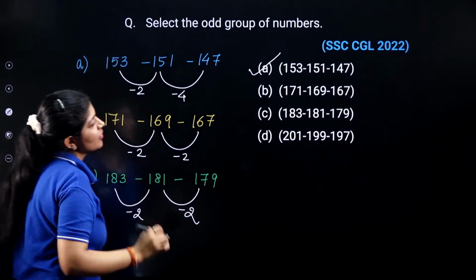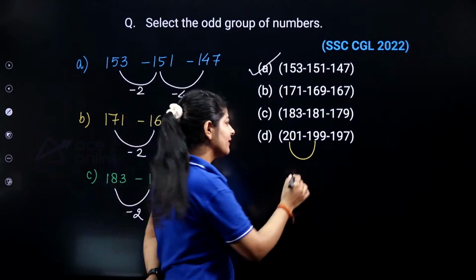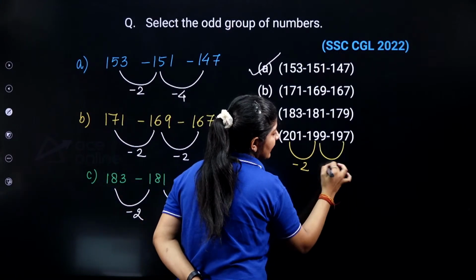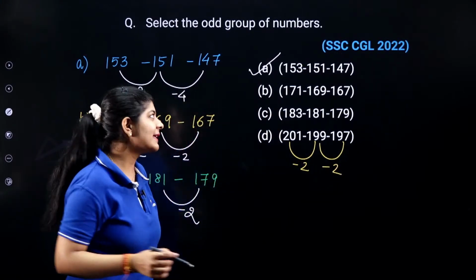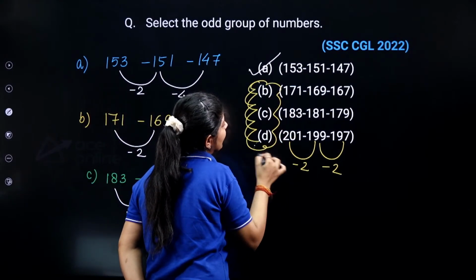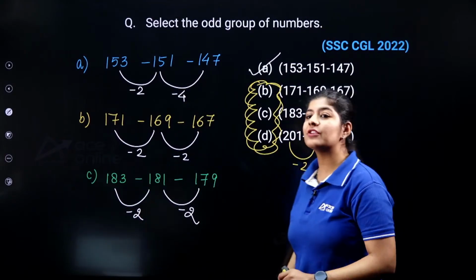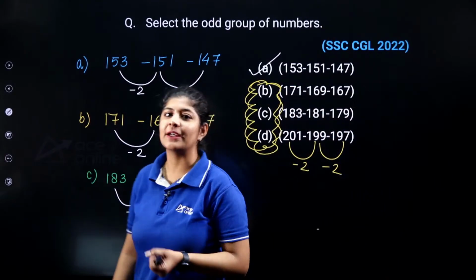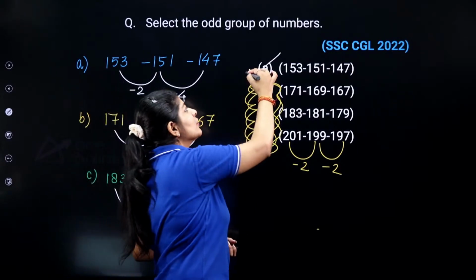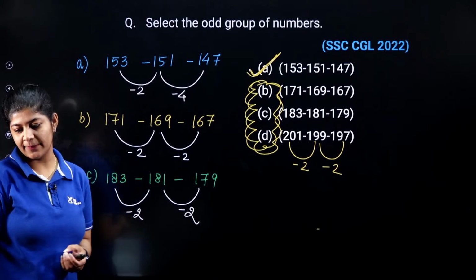Let's check the last option as well. 201 and 199, -2. Again -2. So we can say that options B, C, D will create a common group, and option number A is not following the property of that particular group. So the odd one out over here is option number A. The odd one out is option number A.